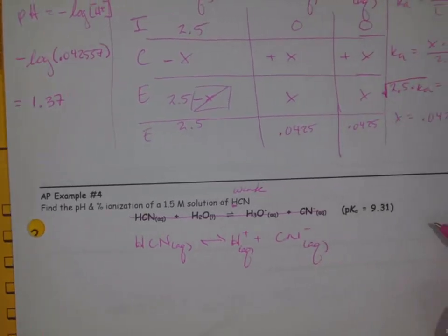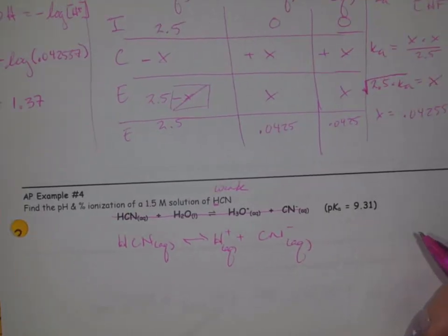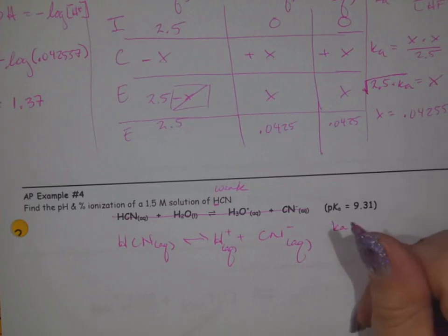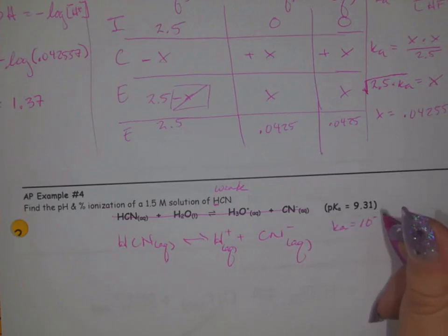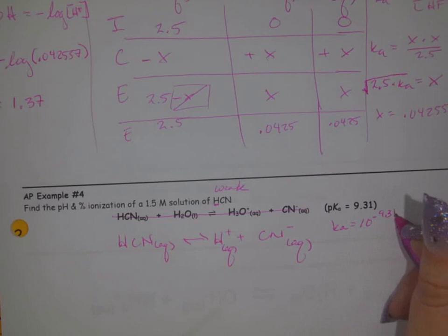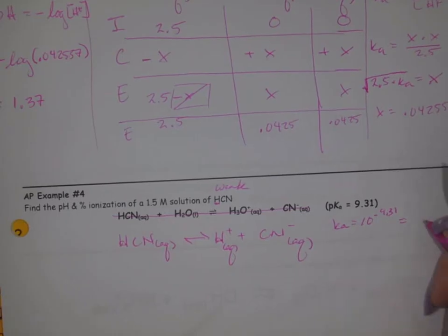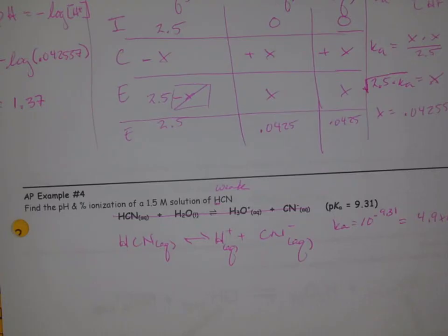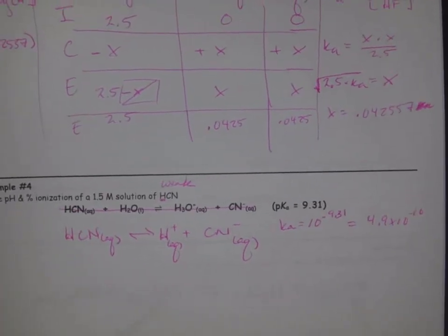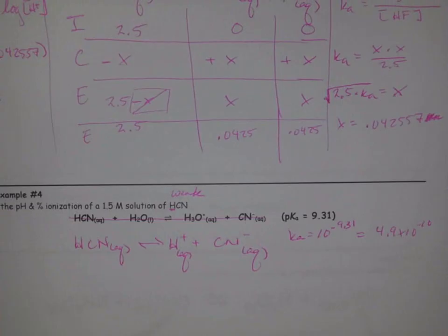The other thing I'm going to need is, instead of a pKa, I need Ka. So Ka is equal to 10 raised to the negative pKa, 10 raised to the negative 9.31, 4.9 times 10 to the negative 10. All right, and that's a rounded number. When I dealt with it earlier, I used the longer version.